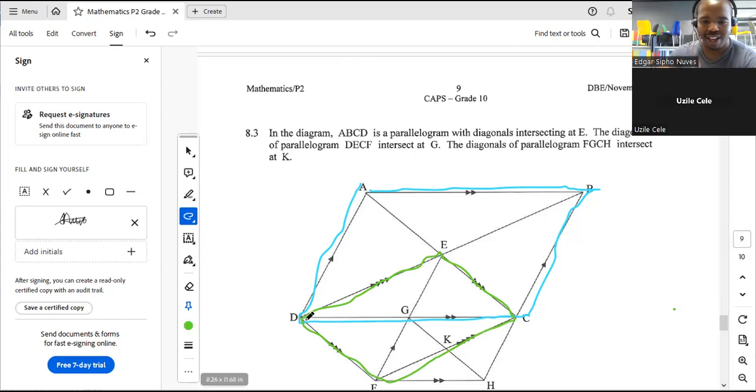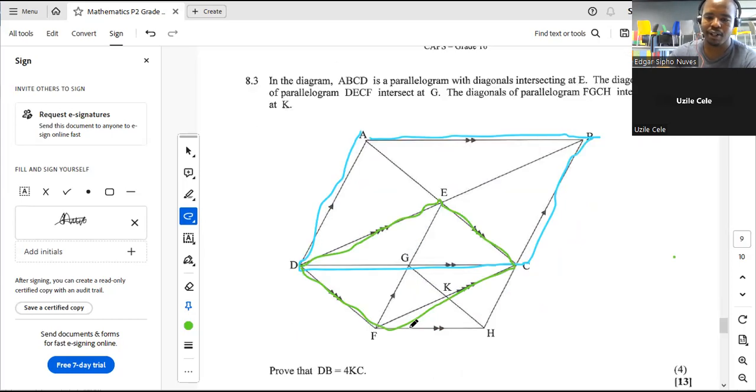But you should notice that diagonal DC is actually one of the sides of parallelogram ABCD. And half of diagonal EF is in parallelogram ABCD, the other half is in the other parallelogram. Do you see what I'm trying to point out?